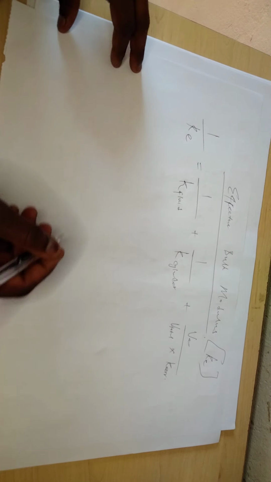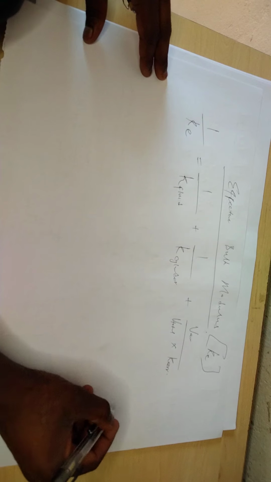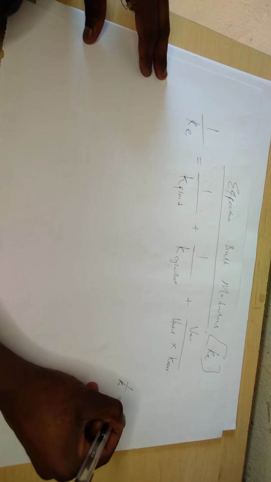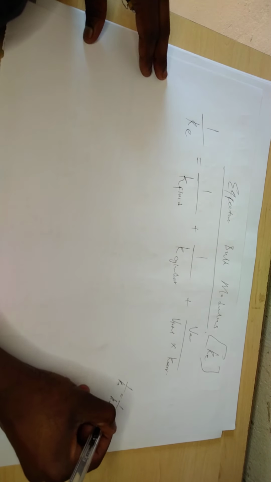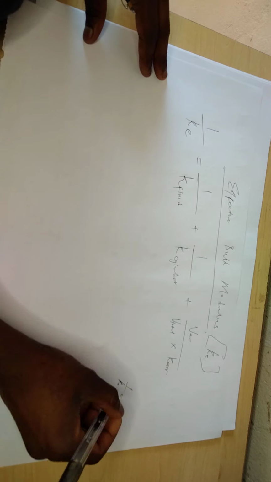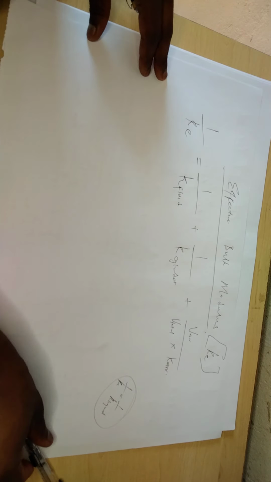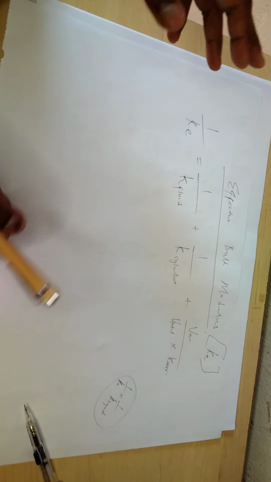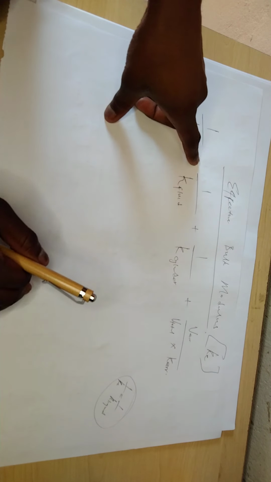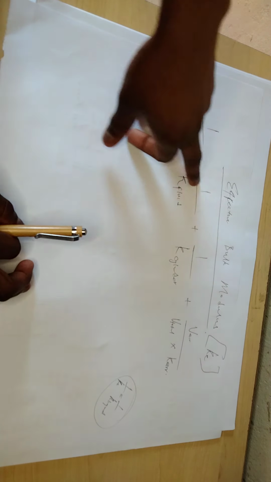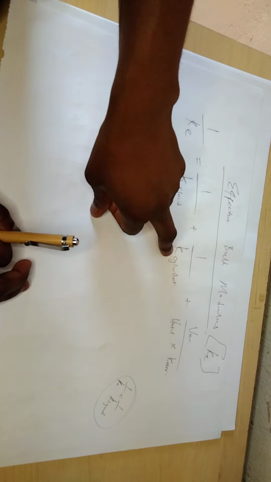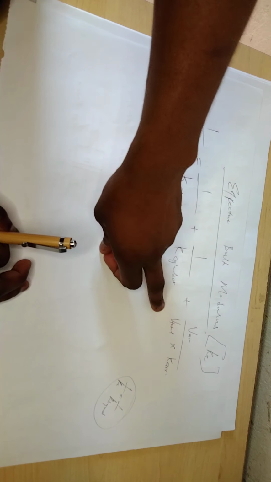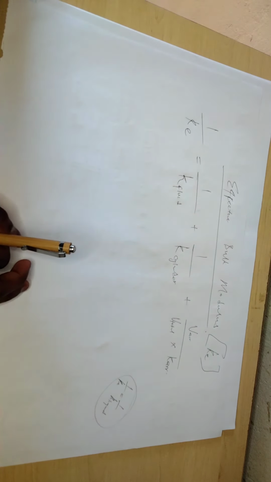That's why in most equations you will find they say 1 over KE equals 1 over K liquid. The reason they're saying this is because they are slightly equal, but under normal circumstances I need us to take it not as equal. Just say 1 over K fluid plus 1 over K cylinder plus V air over V total times K air. Let me explain.